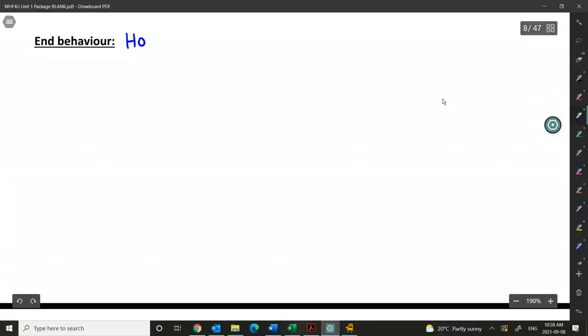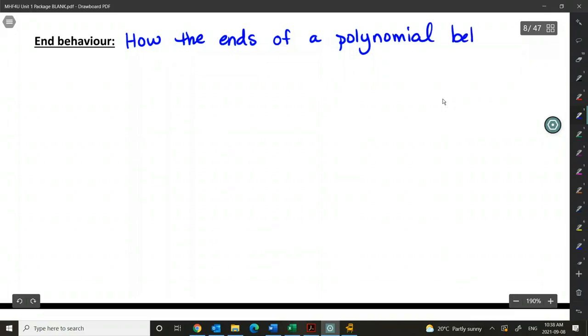It's a way of us stating how the ends of the polynomial, or a power function that falls under that umbrella of polynomials, behave. Really what I want to know when I talk about end behavior is, where are they, and are they facing up or down, each of them.